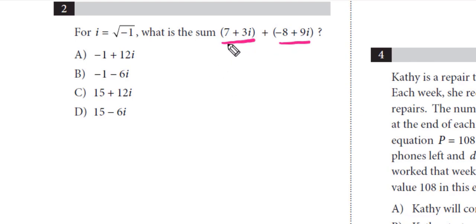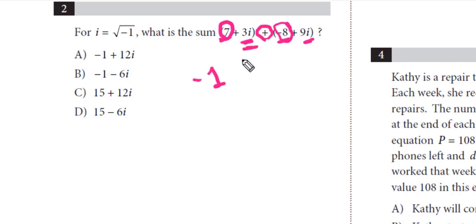You know that a complex number has a real part and an imaginary part. If you would like to find their sum, you add the real part 7 and the real part negative 8. 7 plus negative 8 will be negative 1.